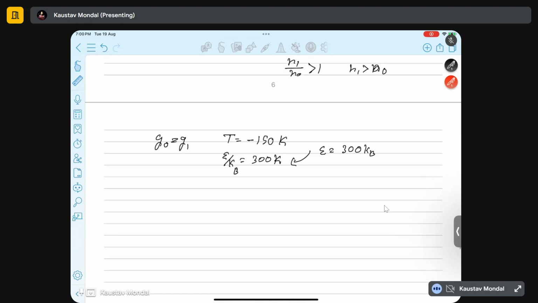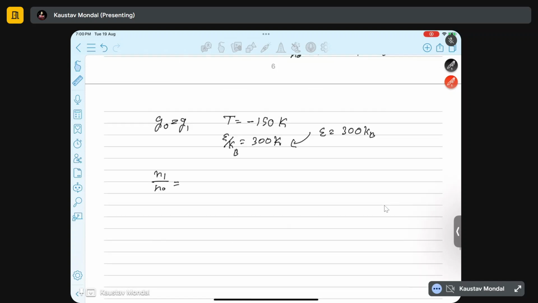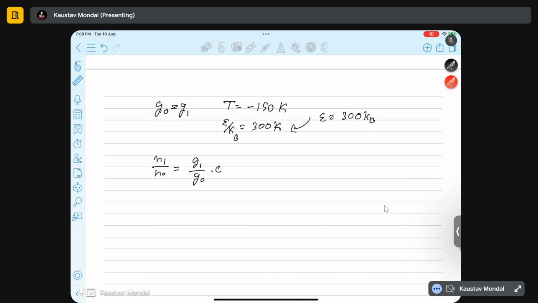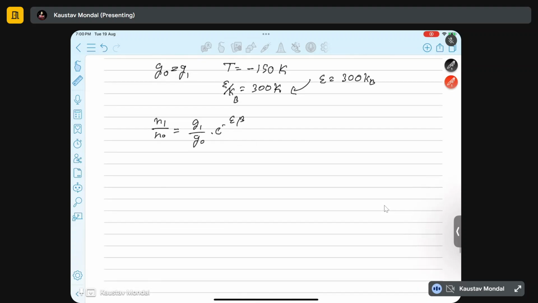Now if you substitute these two expressions here, N1 by N0 is G1 by G0 into e to the power minus beta epsilon, right? So now if you put epsilon by kB equal to 300 and T equal to minus 150, G1 and G0 will cancel, and this gives you e to the power 300 by 150, that is e squared, which is approximately 7.39.